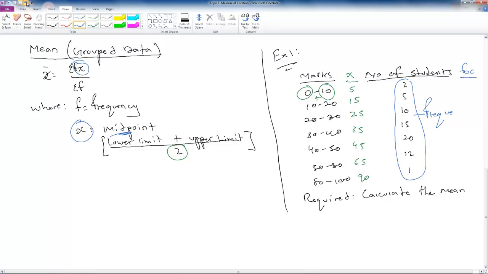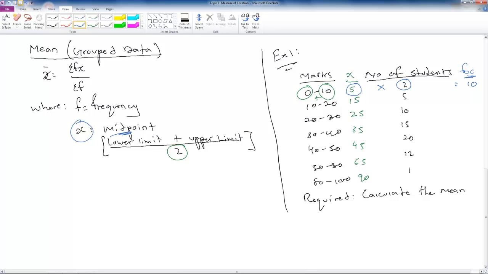What you do is you take your x, you times with your f, since the number of students is your frequency. So you take your 5, you times with 2. You will get 10 over here.